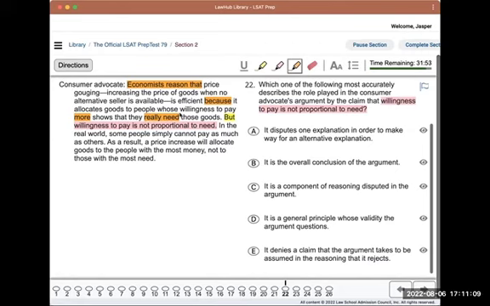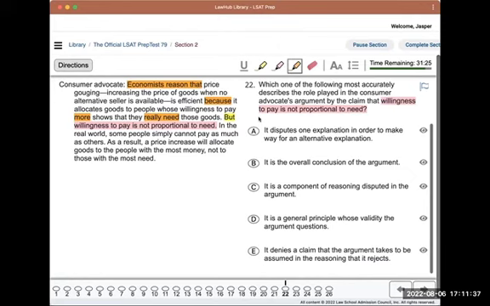In the real world, some people simply cannot pay as much as others. As a result, a price increase will allocate goods to the people with the most money, not those with the most need. Yeah, so certainly they're going after the evidence and the reasoning behind the economists' argument. All right. A, it disputes one explanation in order to make way for an alternative explanation.